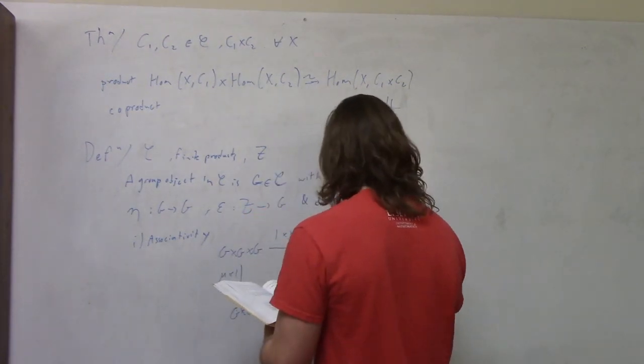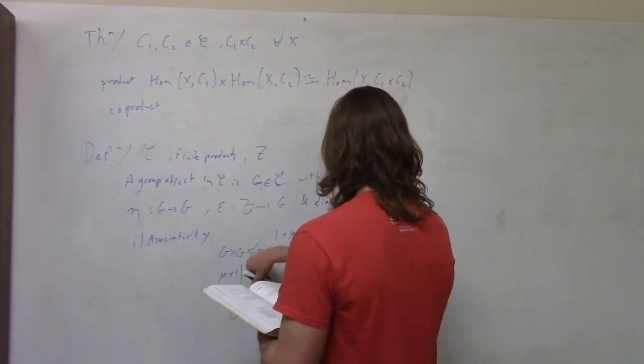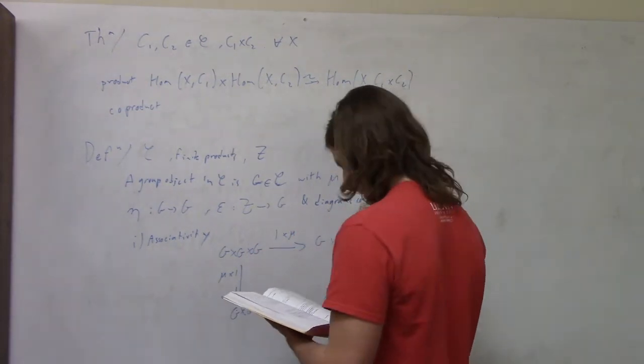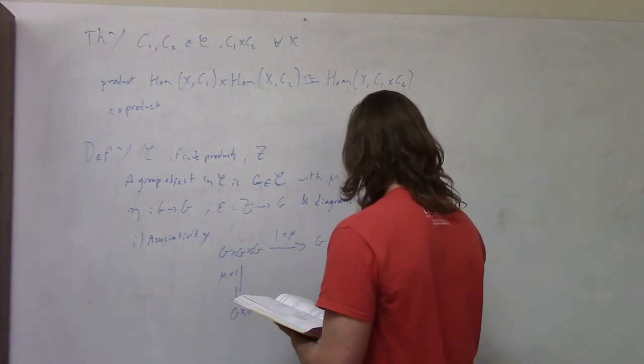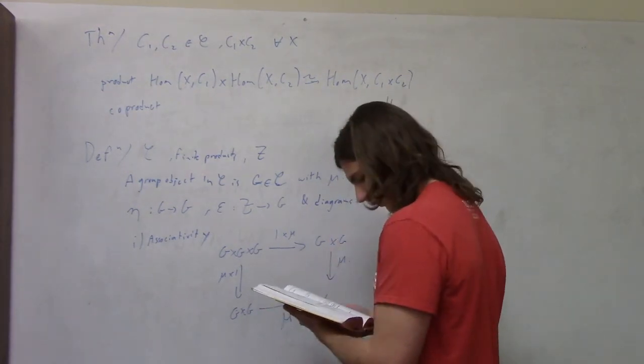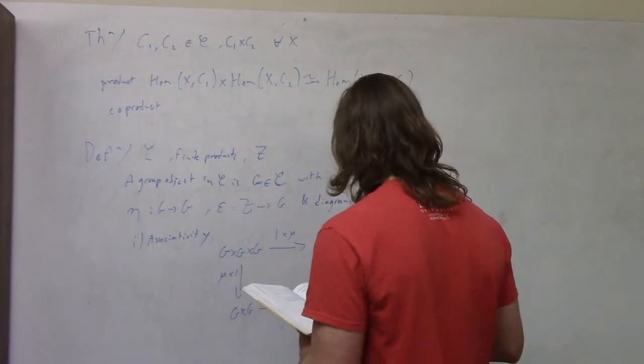So really it's just saying if we multiply the right ones first and then with the one on the left, it's the same thing as if we multiply the left ones first and then the one on the right. Which is associativity, I guess.